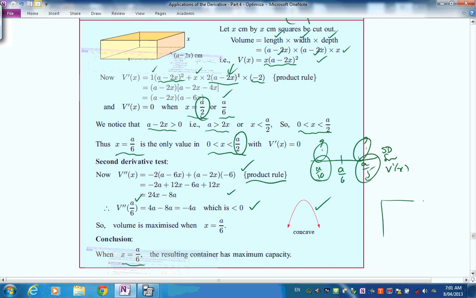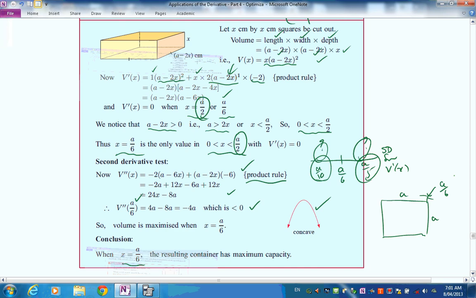If you remember, we started off saying that this was A and A. So when we build our box up here, this depth has to be A on 6 to give us the maximum volume. All right, so that's an interesting question.